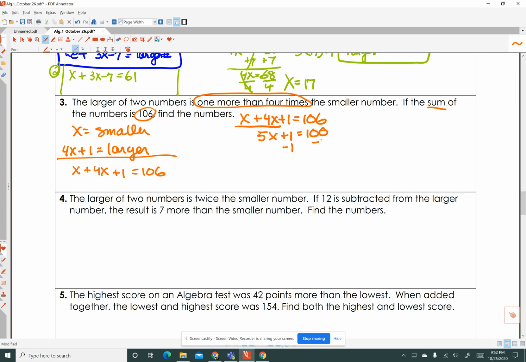We'll subtract 1 from both sides. We'll divide both sides by 5. And x equals 21. So our smaller number is 21, and the larger number is 4 times 21 plus 1, which equals 85.